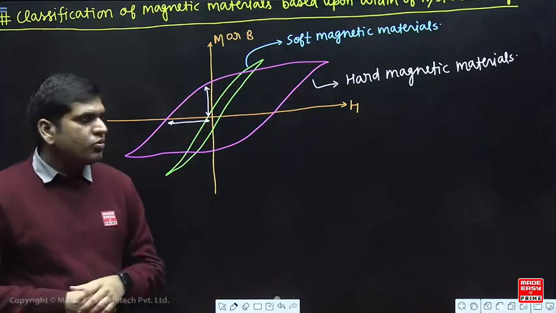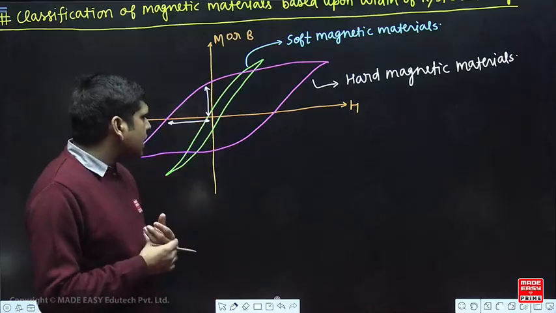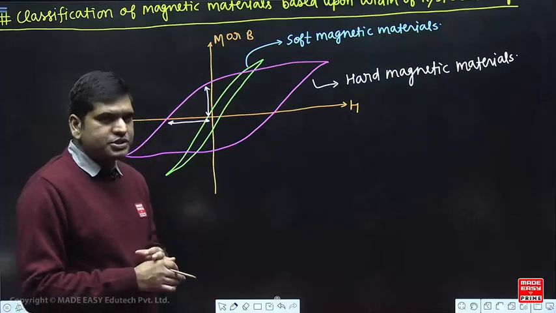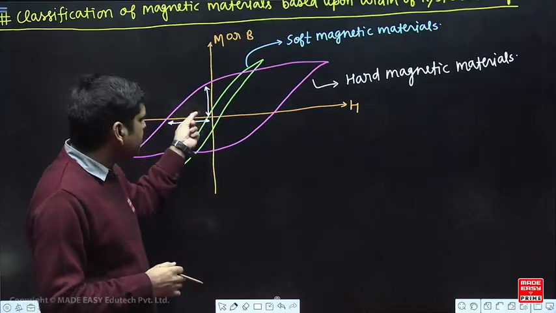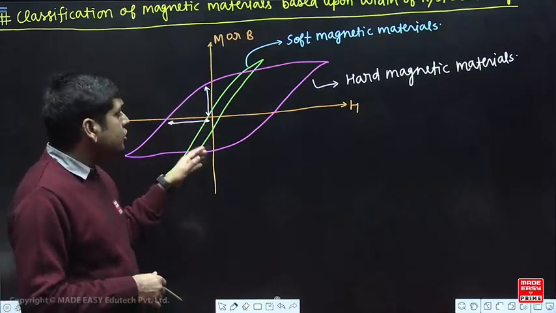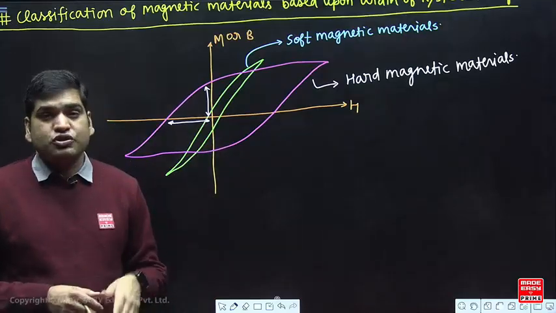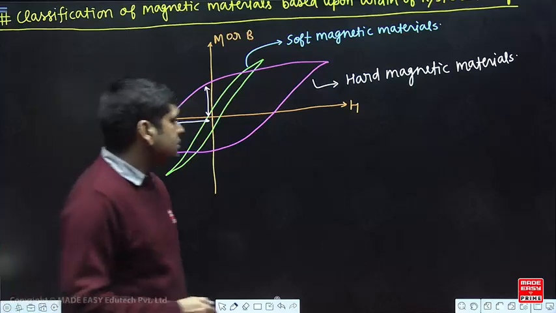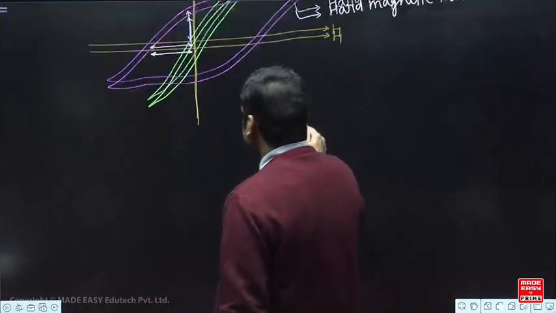Second thing, retentivity and coercivity are less, so they can be easily magnetized and demagnetized. Properties: low retentivity, low coercivity, lower hysteresis loss, but slope is high. Slope is high means susceptibility and permeability would be high. So let us write these facts.